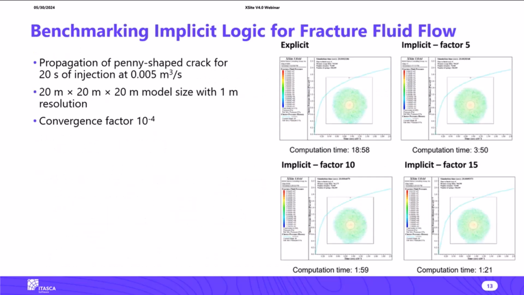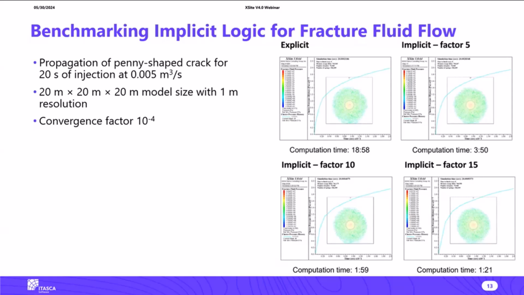So I have a couple of slides to illustrate the performance gain, or in other words, the speed up of ExSite simulation that involves the modeling of fracture fluid flow. So not only the speed up, but also the effect of implicit logic on the accuracy of the model results. This is work and an example done by Christine.